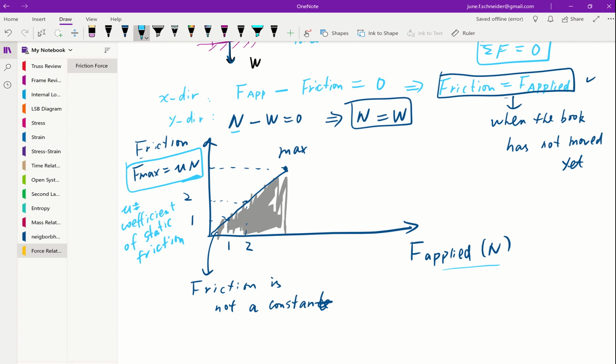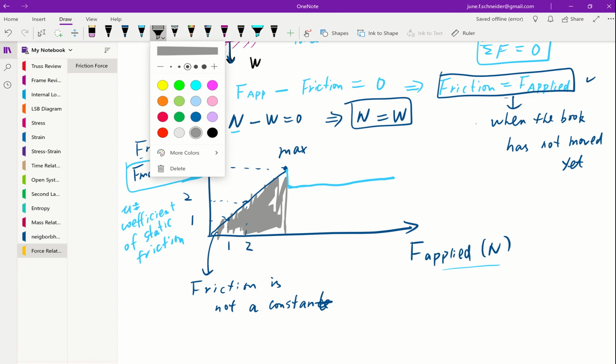And once that's reached, then when you continue to push, do you feel like it's always easier, right? Once it started moving, you feel like it's easier to push. What happened here is once it reaches that, the friction has a drop, and then it becomes a constant line. This area, we're going to label in a different color.